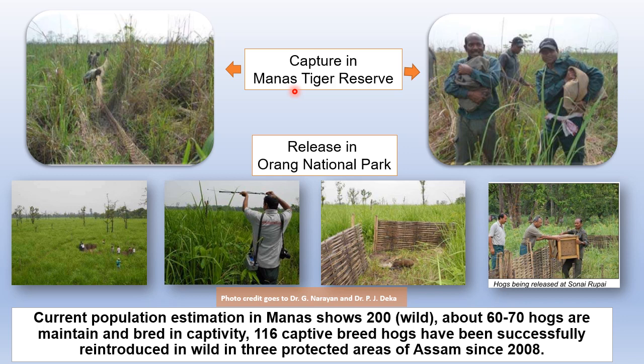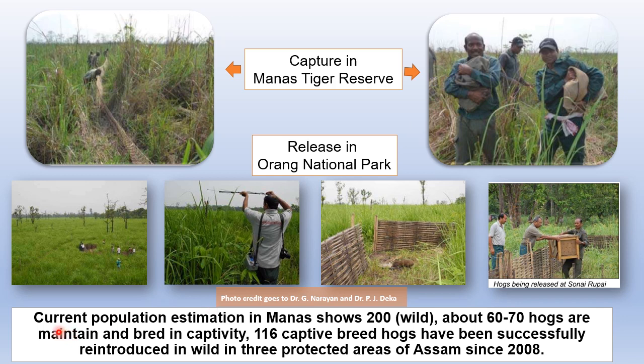And in 2013, 3 more hawks were captured from Manas Tiger Reserve. Here you can see nets were deployed for capturing purpose, and here captured wild hawks are kept in bags.